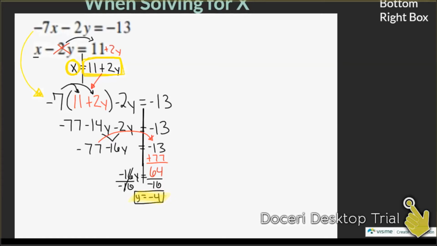Now remember, we're to the step that says sub your answer back into the easier equation. So since we have y already, we're trying to find x. So let's look up here at our two equations, and let's try and decide which one's easier. So we have negative 7x minus 2y equals negative 13, and we have x minus 2y equals 11.